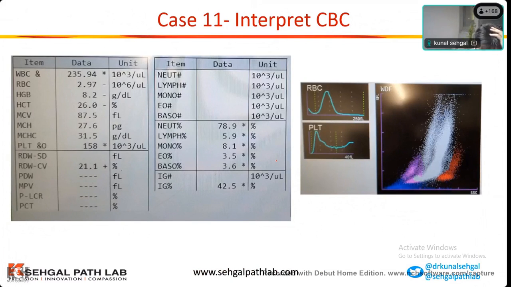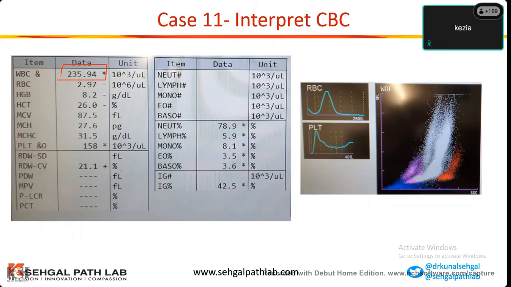Now I'm going to go to a more WBC based example. Dr. Kezia, if you could interpret the CBC histograms and the picture over here. You can start with the values. The WBC count is very high, sir. It's very markedly increased.